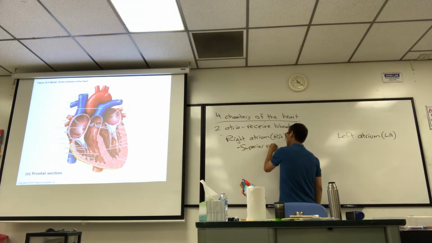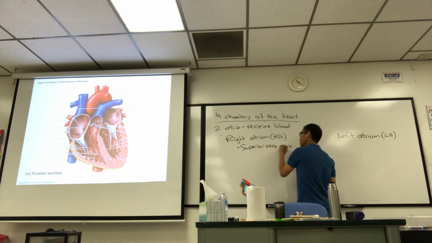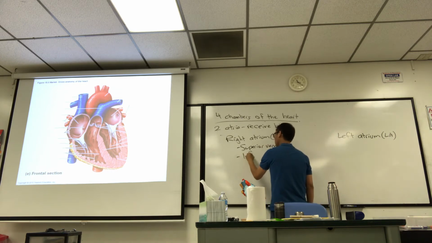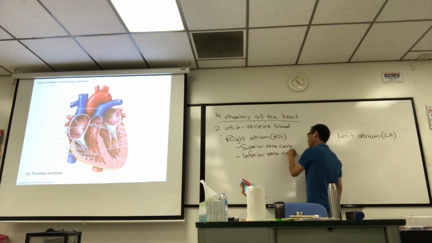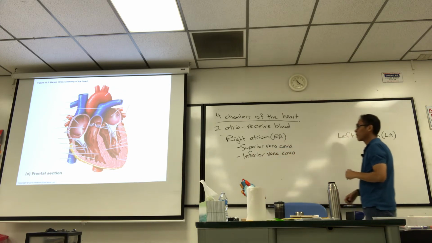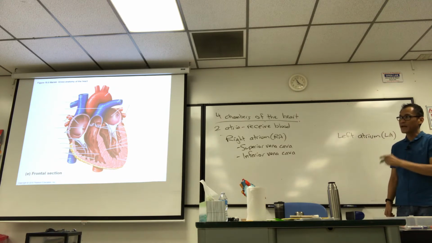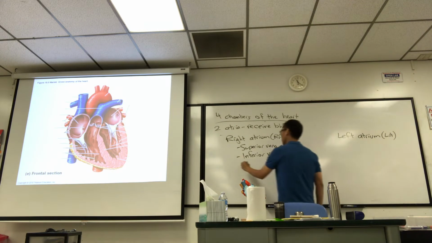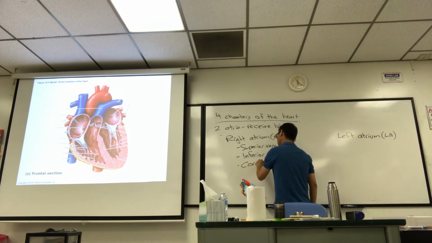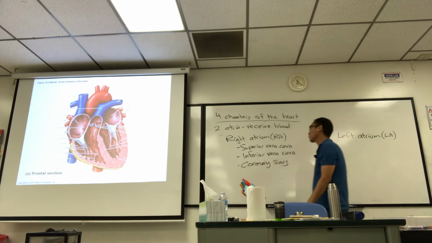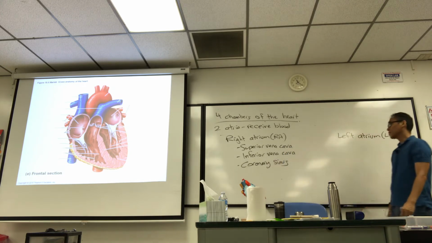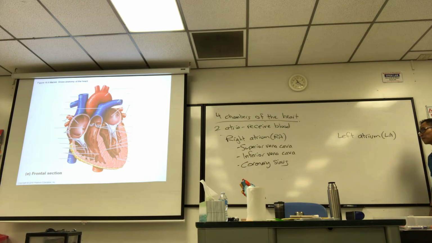Superior vena cava, the big veins, and inferior vena cava. There's a third one, can't see it from this angle. It's the coronary sinus.